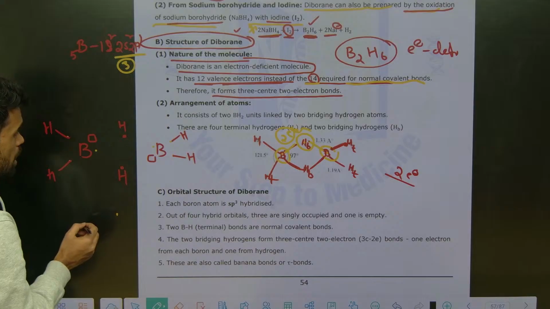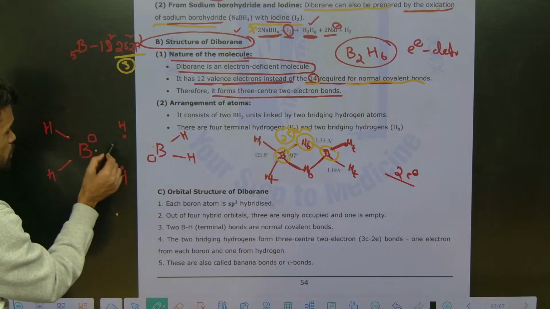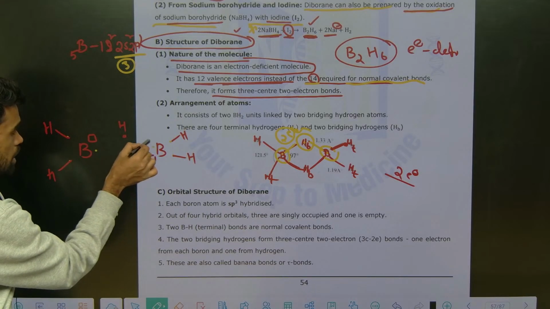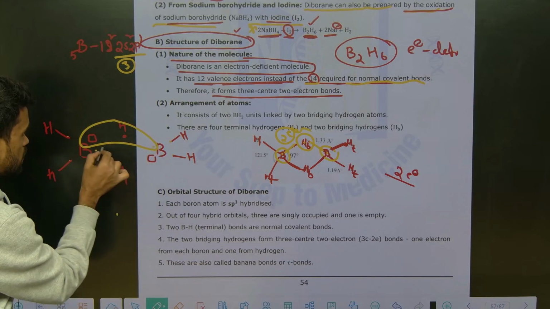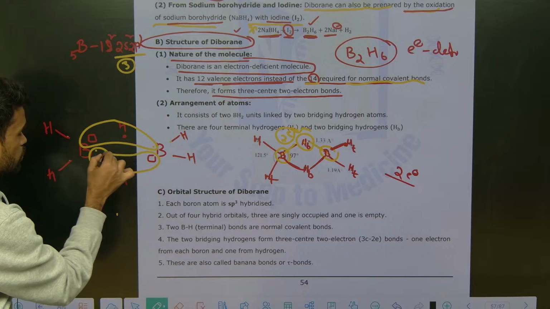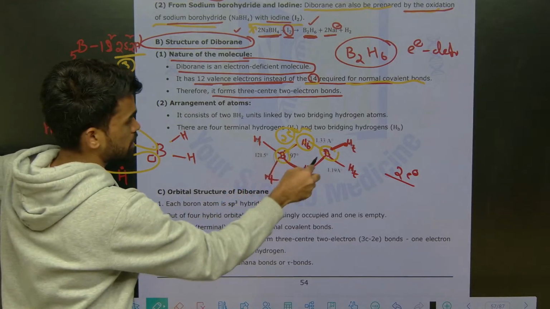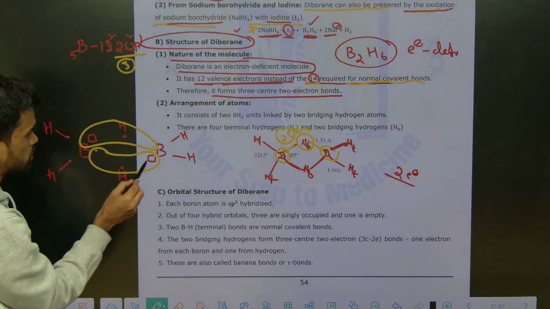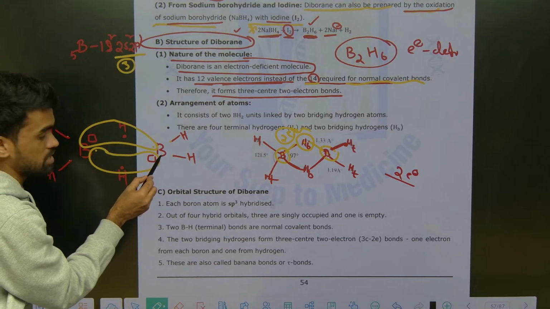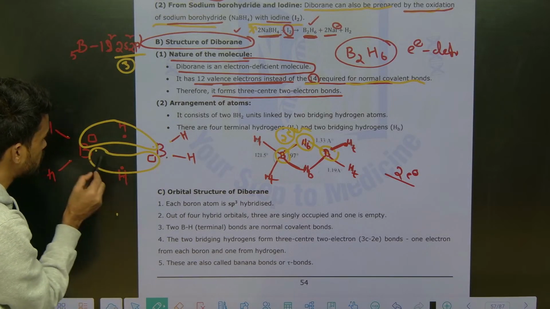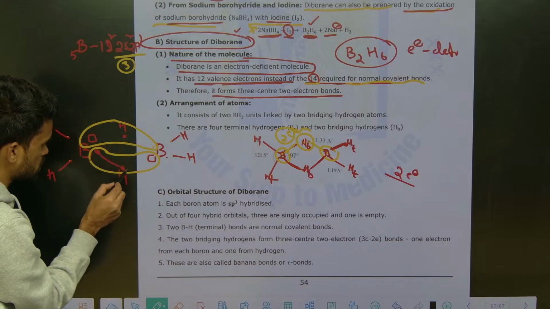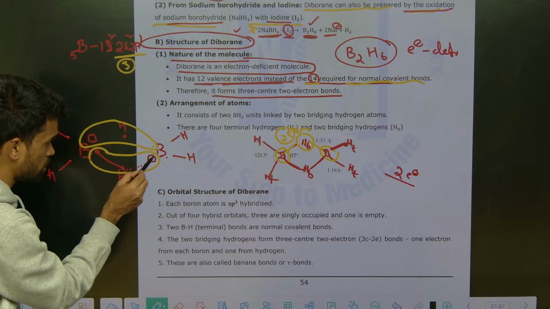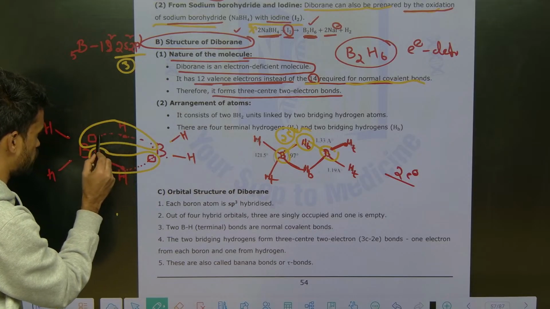What is happening here is that these electrons will be donated to this vacant orbital. It means this together forms 1 bond and this together forms 1 bond. Therefore you get 3 centers, 1, 2, 3 atoms, that's why 3 nuclear centers. But how many electrons are there? Only 2 electrons. These 2 electrons are shared with this boron and these 2 electrons are also shared with this boron.